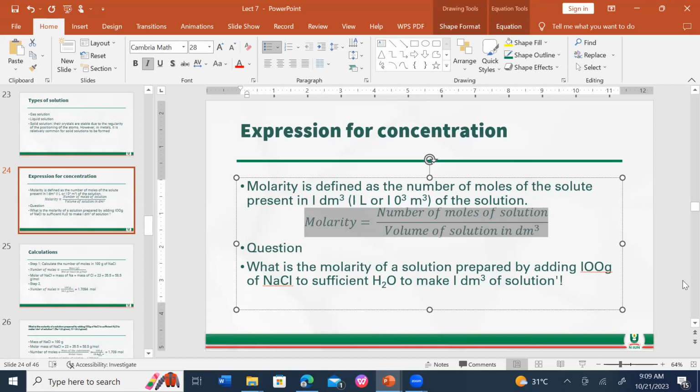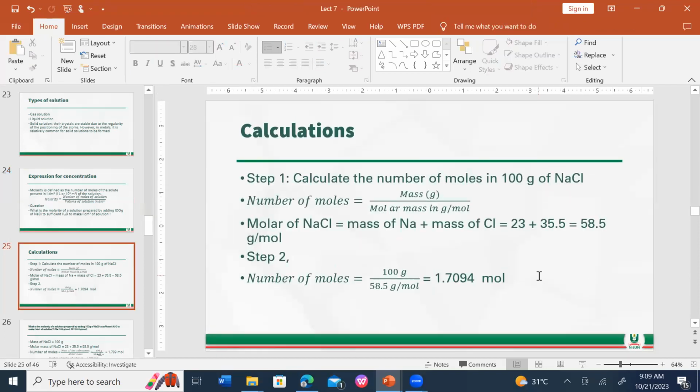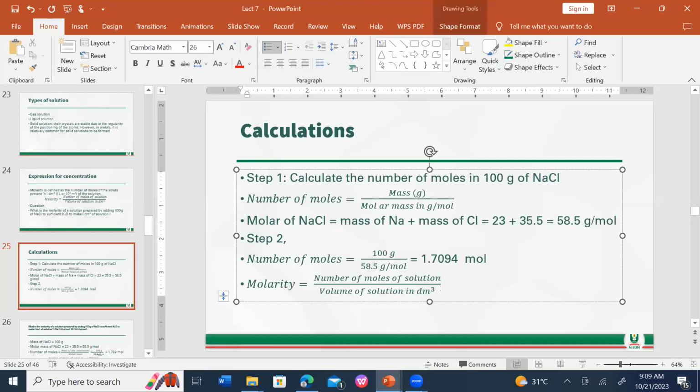So this will be the number of moles, which is 1.7094 mole, and the volume of the solution we are given as 1 dm cube. So what is the molarity?